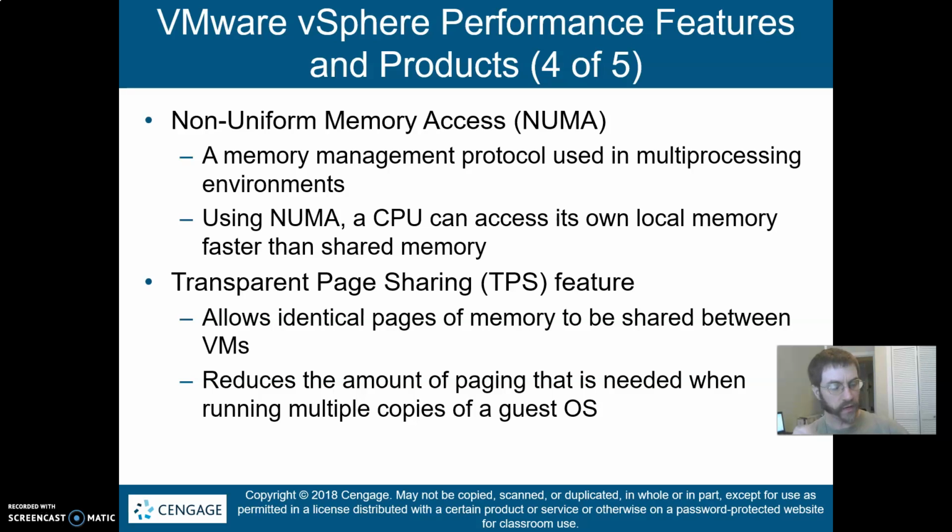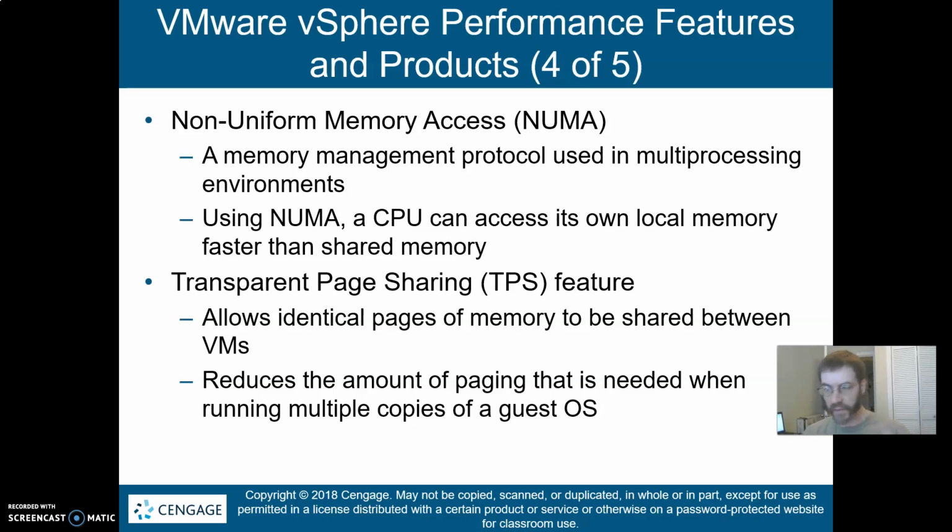So using transparent page sharing, all these VMs can reach into the same memory in the physical machine as long as they have enough in common. That will allow us to reduce the amount of paging that we need to do back and forth between physical memory and physical storage for virtual paging and that kind of thing.